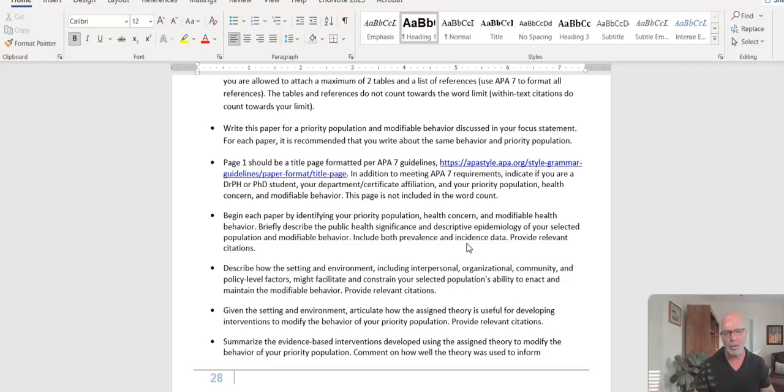Be very careful when you are writing your papers that you're attentive to these instructions, because this is what we're grading on, and we are paying attention to every single statement that is included in these instructions. My other recommendation is to use each of these sections as a subheading. That'll help organize the paper, and it also helps us when we're grading to make sure we don't miss something.